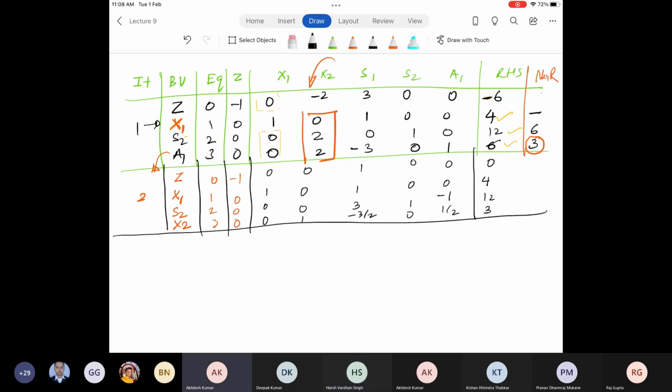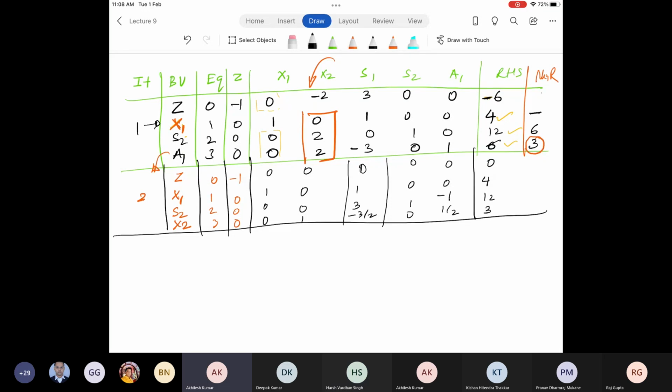Is S1 a basic variable? Under the S1, this one? Yes, sir. 0, 1, 3, minus 3 by 2 it would be. Yeah, right. Actually, it is 3 now.